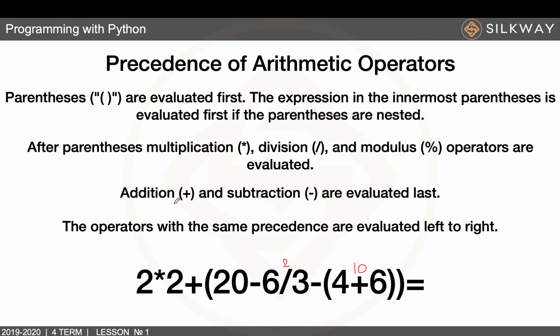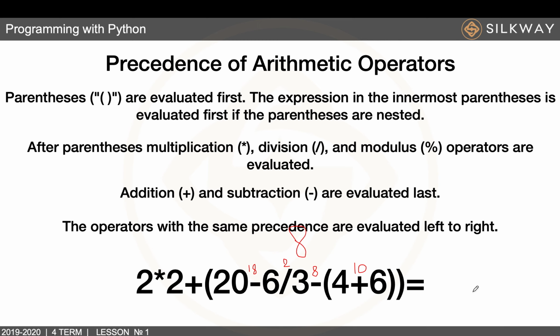Now, addition and subtraction: we have two subtractions, and we have to do it from the left to the right. 20 minus 2 is equal to 18. 18 minus 10 is equal to 8. So the result of this parenthesis is actually 8.